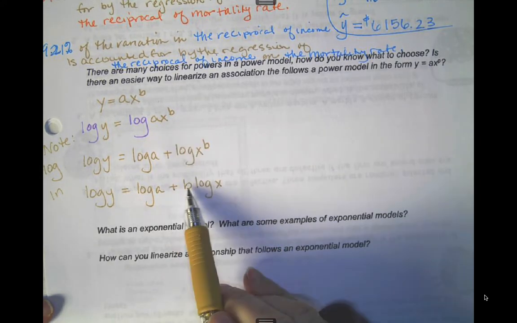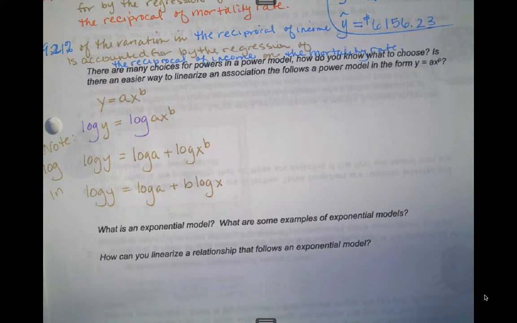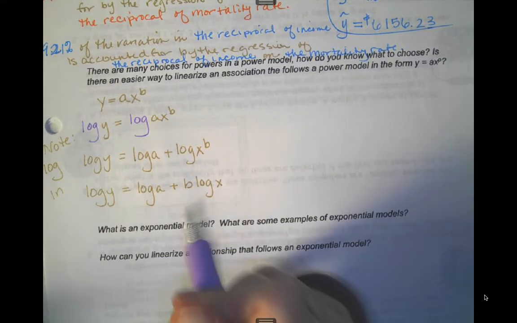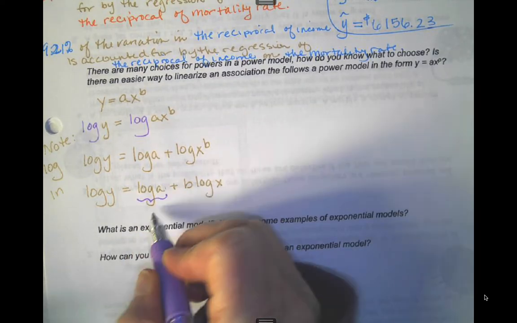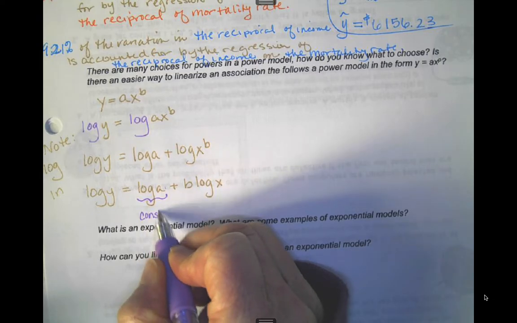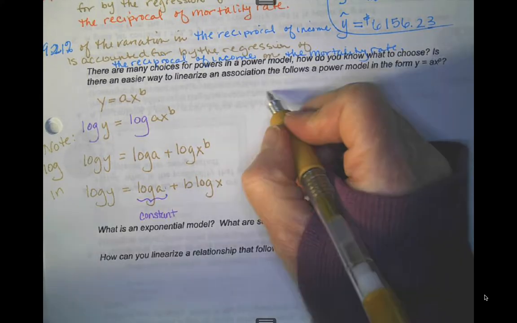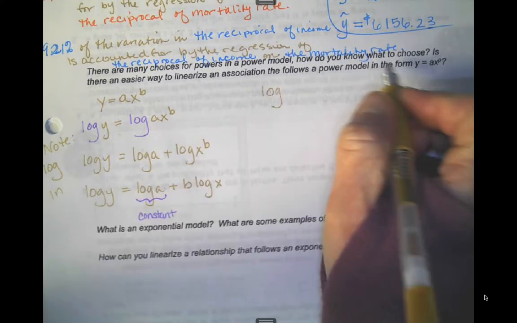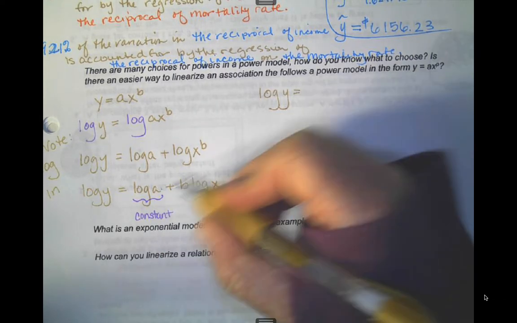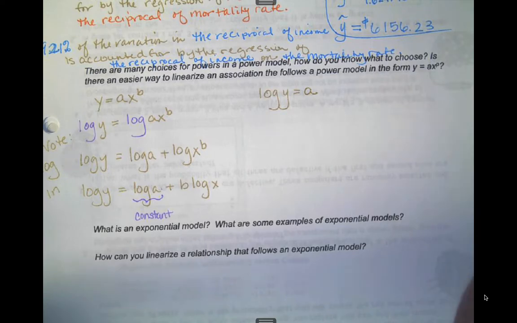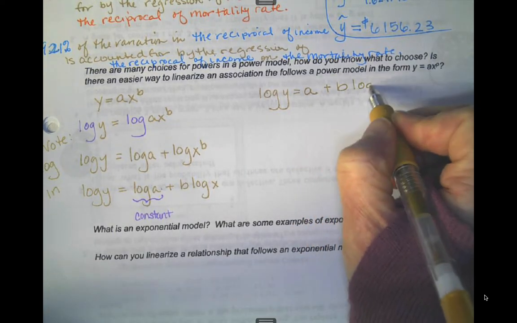Also, if you remember, the b comes out front. If I take the log of a constant, I still have a constant. So I'm going to have the log of y, because y is a variable. And then this is where I'm not being original: the log of a, I'm just going to say it's still equal to a, even though it's not. Pretend it's a different a. And then I have plus b log of x.